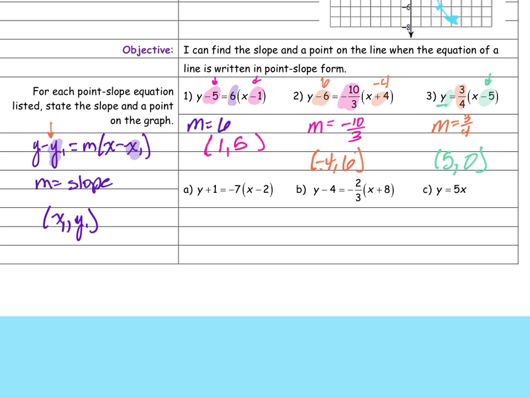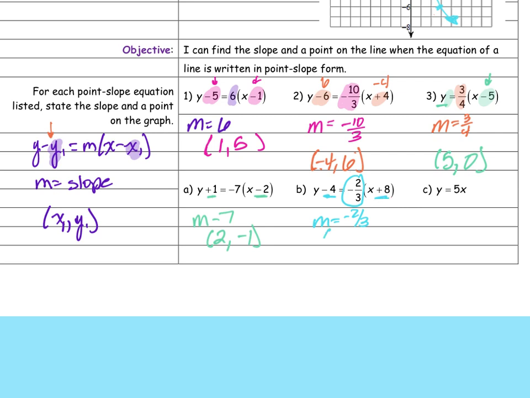Okay, so my slope is going to be negative 7. And then here are my x and y, and I pull them out and they change sign. So negative 2 becomes positive 2, and positive 1 becomes negative 1. On the second one, my slope is here, and my points are with the x and the y.